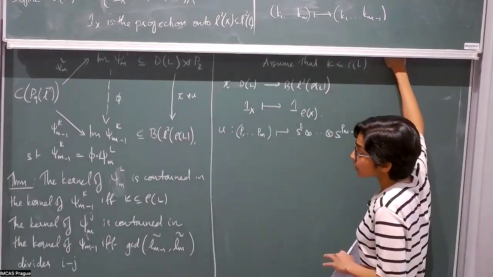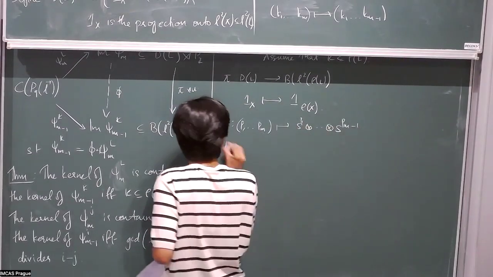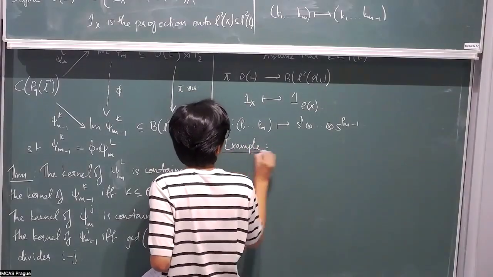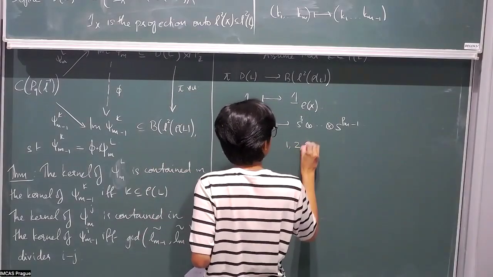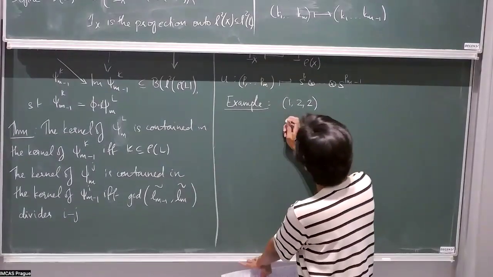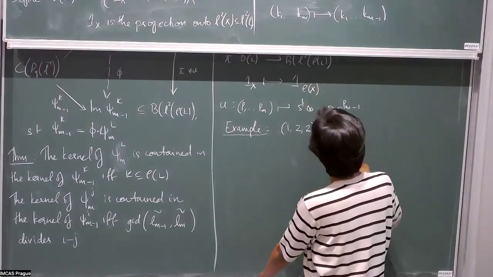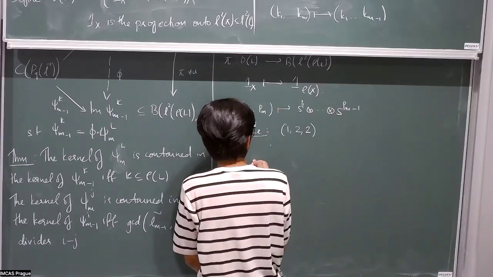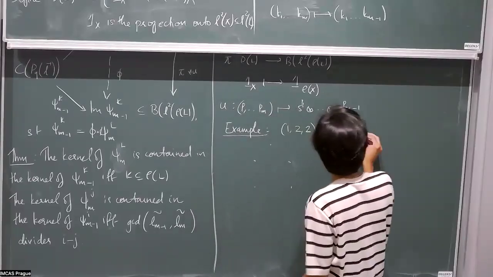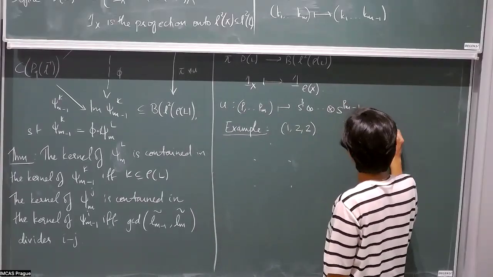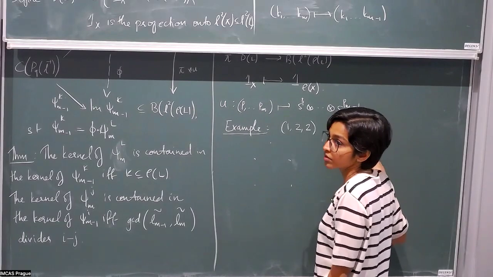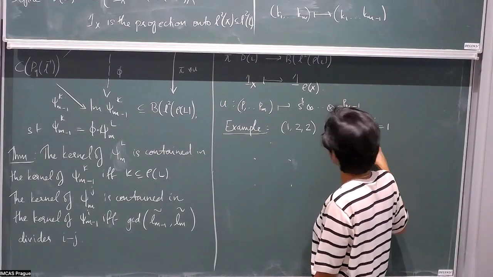Now to give you an example, if I take the weight vector 1, 2, 2, then I would have one vertex here because L1 tilde is always going to be equal to 1, since I defined it to be L1 divided by the GCD of all the entries up to there, which is just L1.